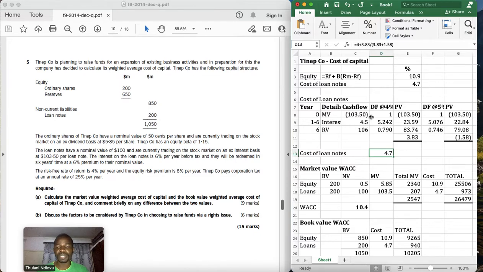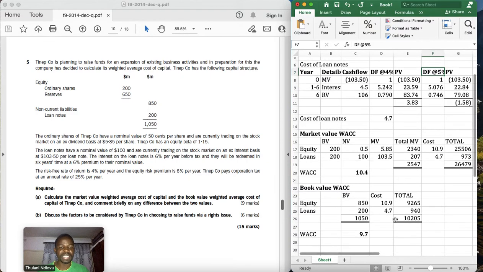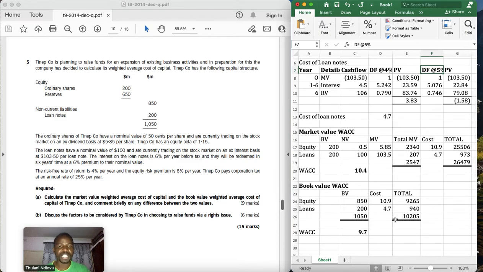Also bear in mind that I have chosen the discount rates of 4% and 5%, but any other 2 discount rates that are chosen will be awarded full marks, and the answers will be slightly different, but will be marked correct.